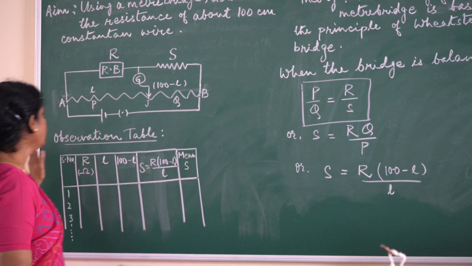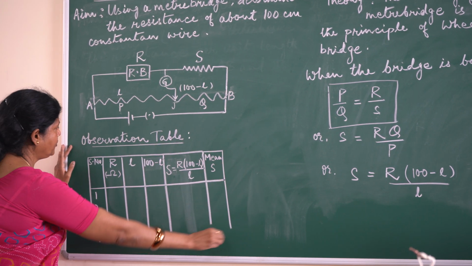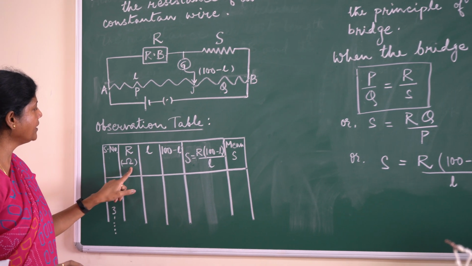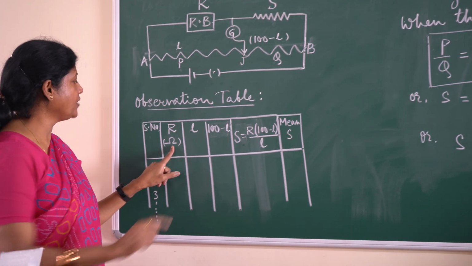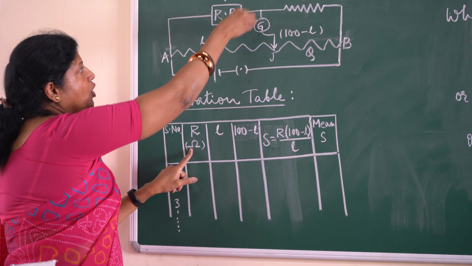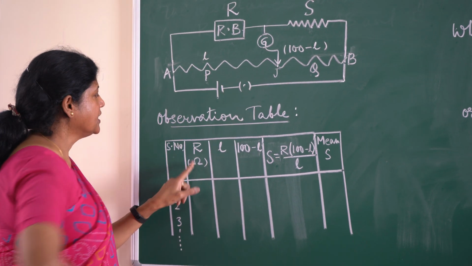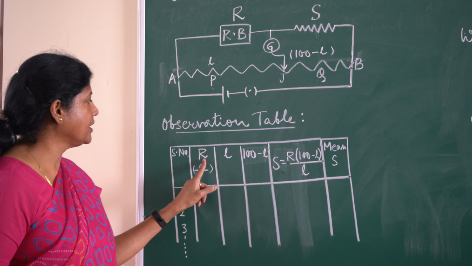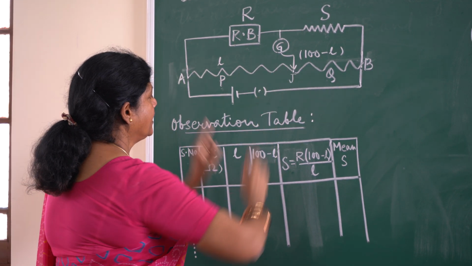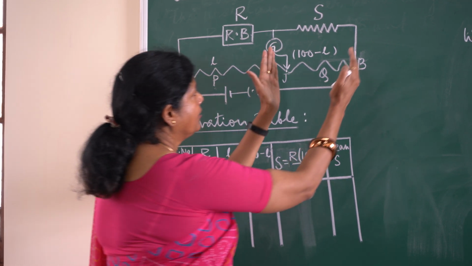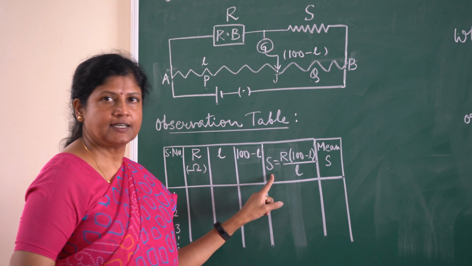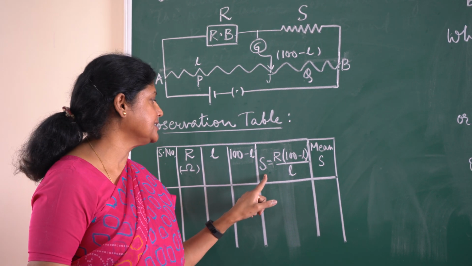Now, we will draw this type of observation table. Serial number, R. SI unit of R is ohm. Here, whatever we take out from our resistance box, that will be for R. L, length between A and J. 100 minus L will be J, B, and S, which is unknown resistance.